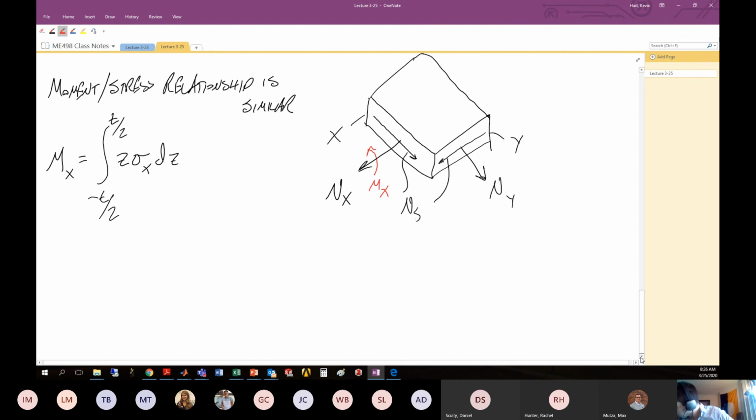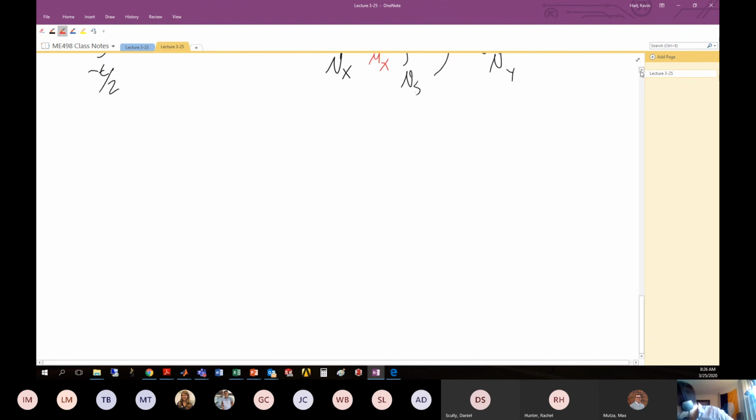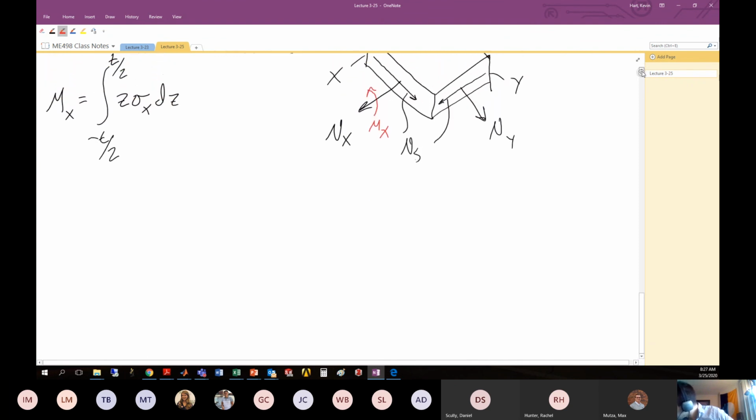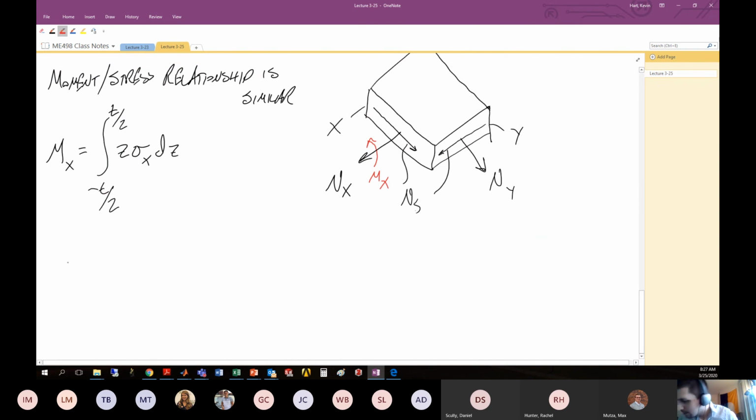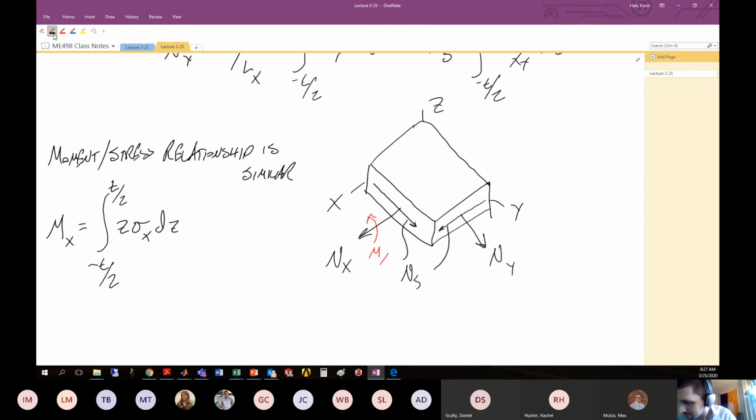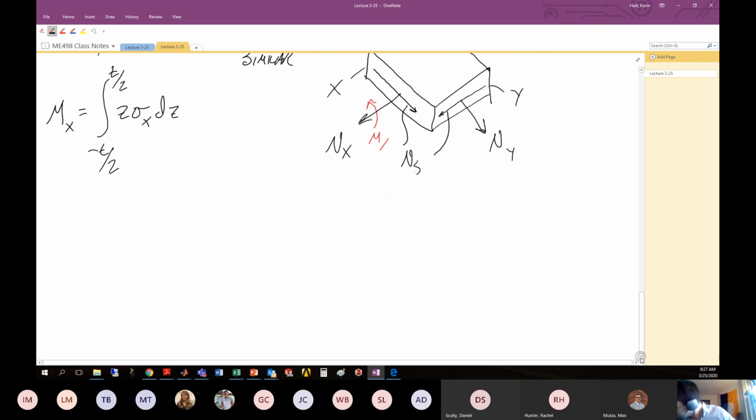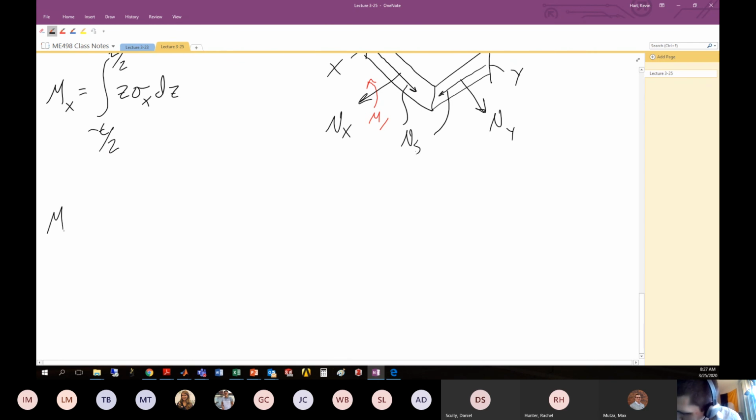We similarly might have My, the integral from negative t/2 to t/2 of z sigma y dz.